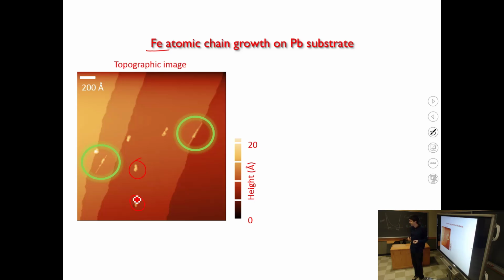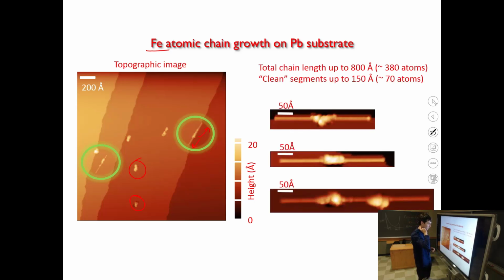But sometimes what happens is out of one of these clusters, a one-dimensional chain of atoms grows. And this is exactly what they need to do their measurement. Right? This kind of one-dimensional chain of iron atoms. So they found a bunch of them.